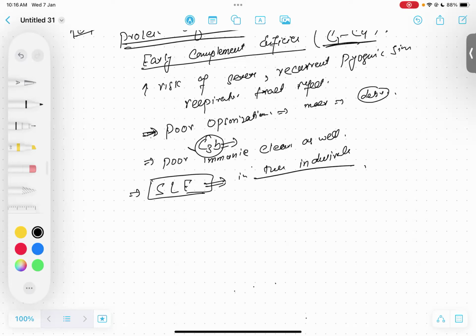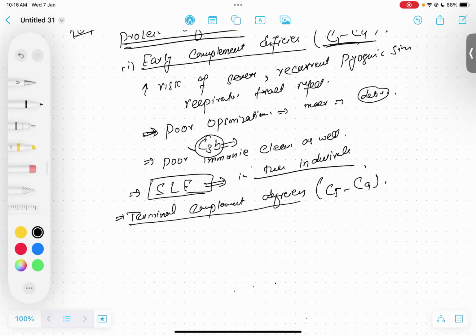The next one is terminal complement deficiency. It is from C5 to C9, and it is usually involved in activation of the MAC.